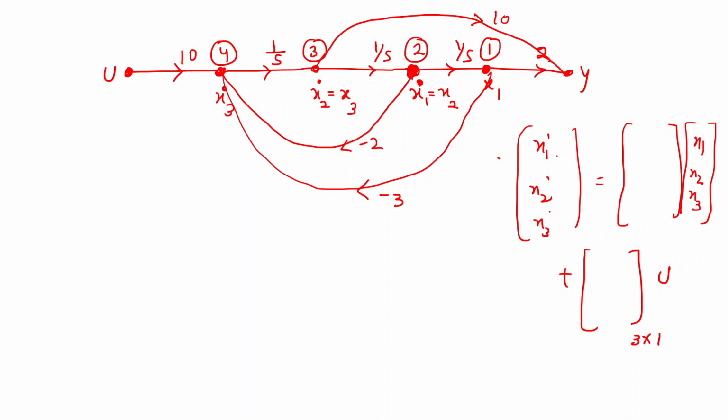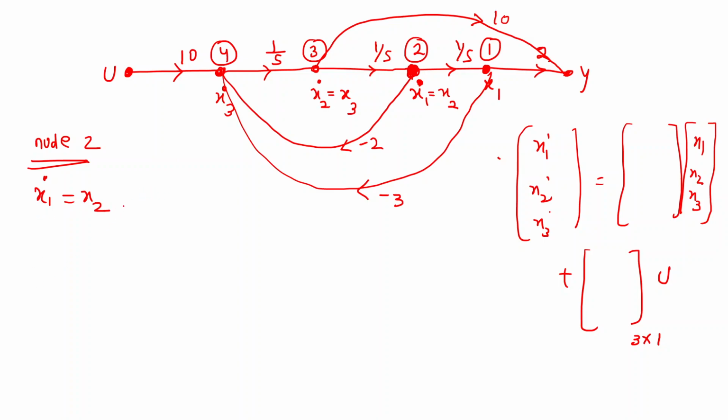Now you have to write down the x1 star equation first. Let's find out where x1 star is. Go to node 2. At node 2, you can see that x1 star equals x2, because at this node there is no incoming. Only x1 star equals x2.